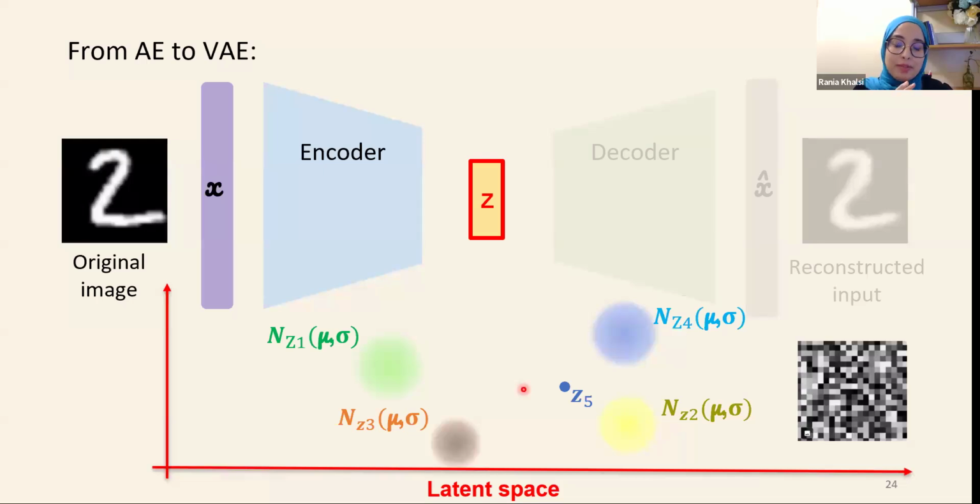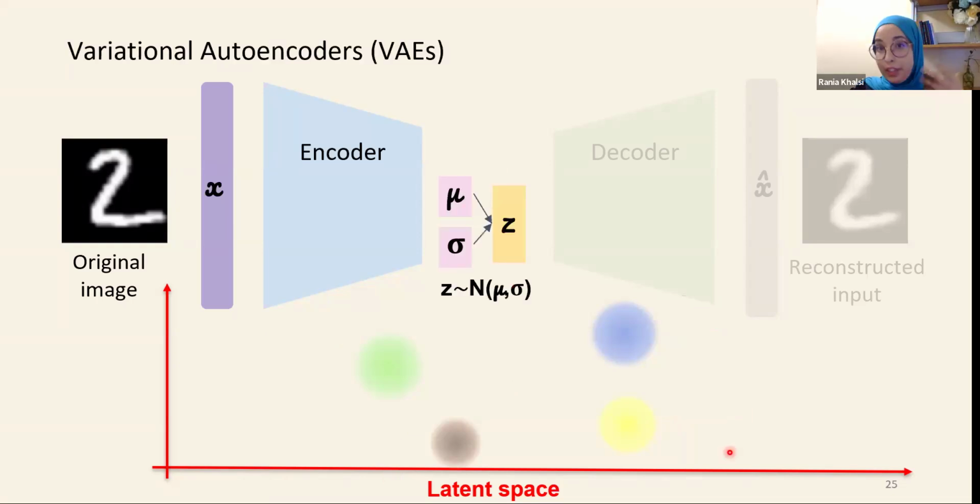So in this situation, the latent space does not guarantee continuity, and it does not guarantee completeness. These two are extremely essential properties that variational autoencoders enforce, and they do that explicitly, and we will see how.